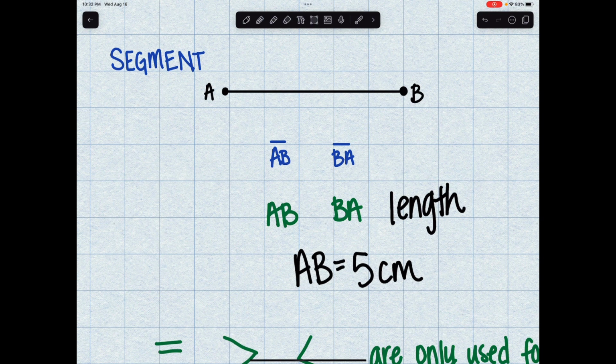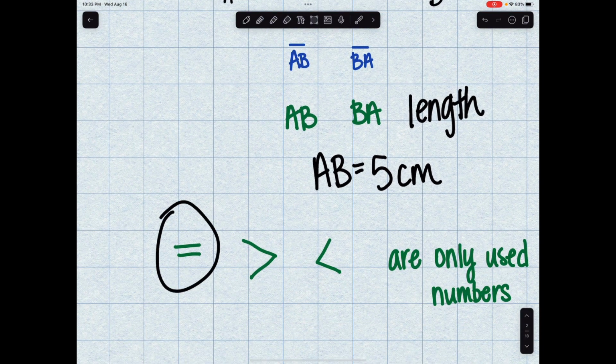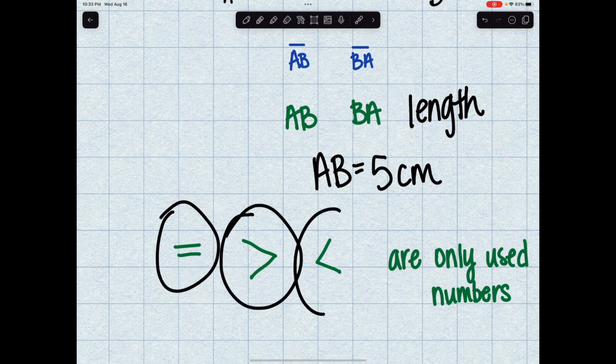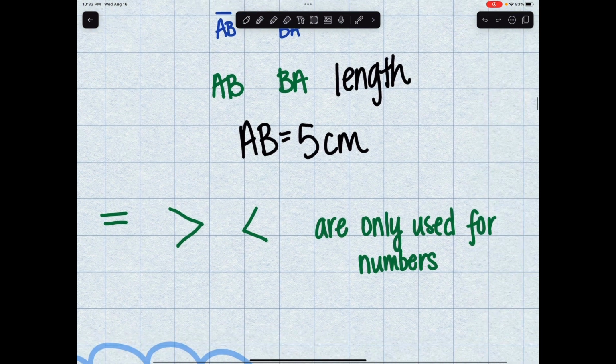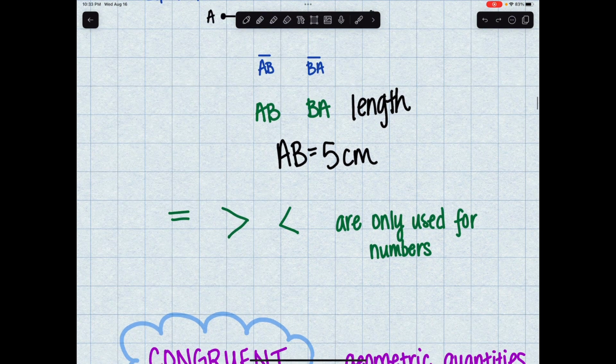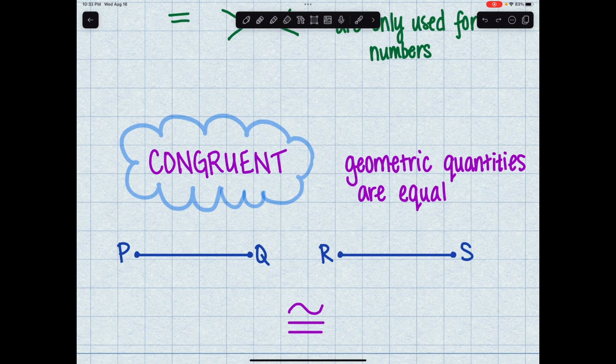When you use the words equal to, greater than, or less than, or any of those symbols, those are really only used to compare numbers. If you want to compare line segments, you use a different word: you would say that they are congruent.